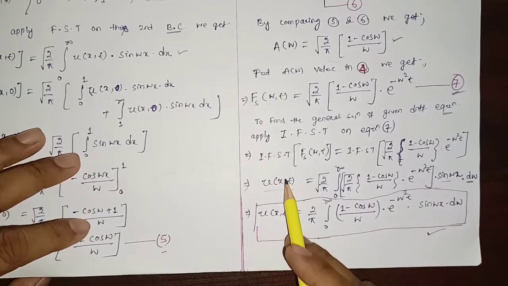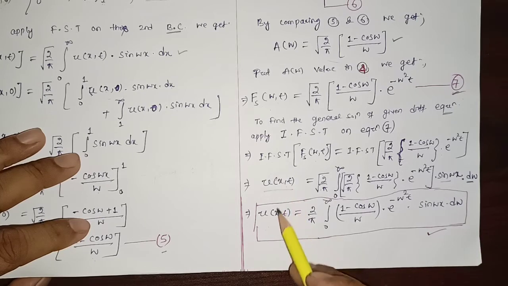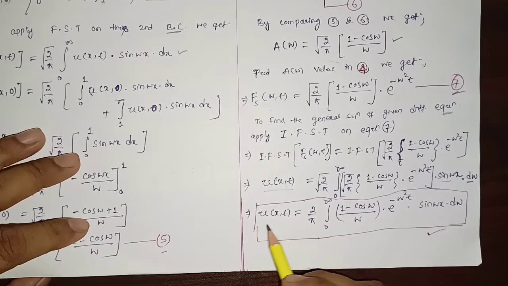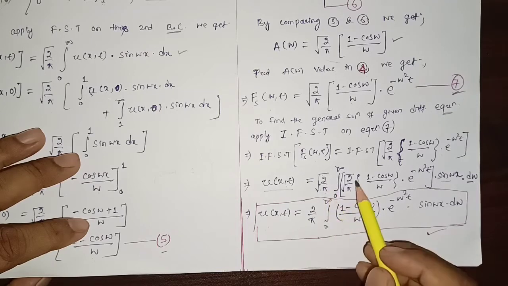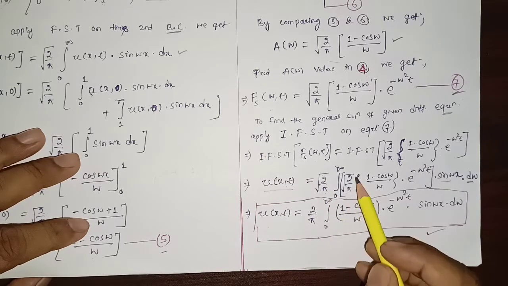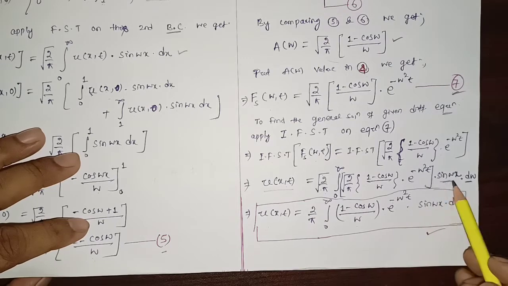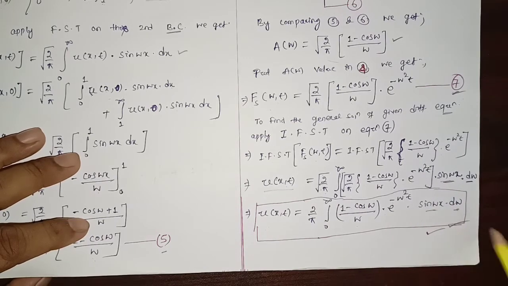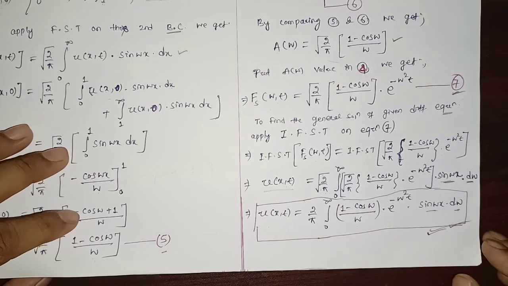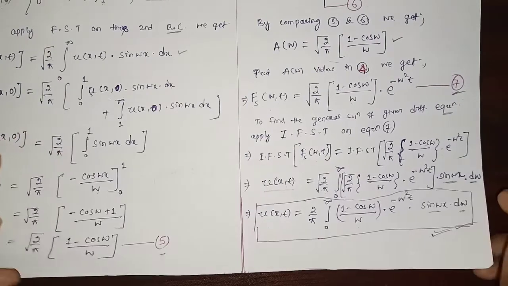So that implies u(x,t), the required general solution of the given differential equation, will be equal to root over 2 by pi, integral from 0 to infinity of (1 minus cos omega) by omega into e to the minus omega square t into sine omega x d omega. So this is the required solution of the given differential equation.